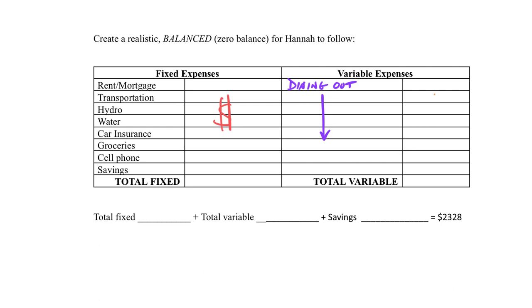Then what I'd like us to do, since we are talking about a balanced budget, zero balance, is we're going to deal with a little equation, a little relationship. I want you to take your total fixed, add it to your total variable, and then, using the amount that Hannah wants to include for savings, make sure that we balance out to $2,328 for that month.